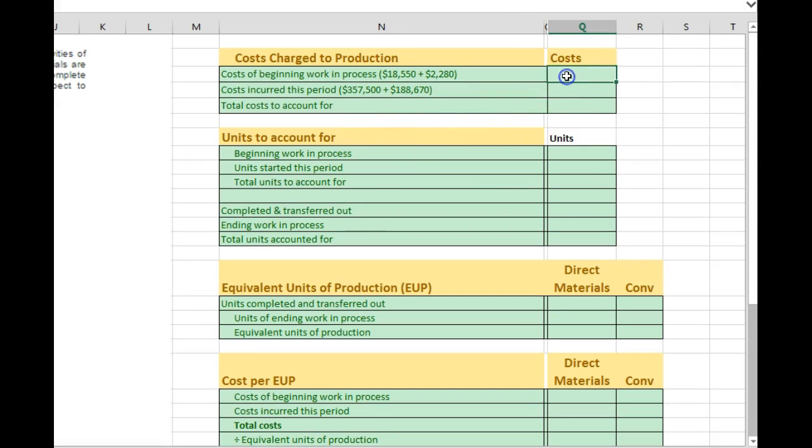So that will be added here, and then that will be totaled to give you how much the costs are that you're going to have to calculate. So that happens to be 20,830 plus 546,170, and that gives us a total cost of 567,000 there.